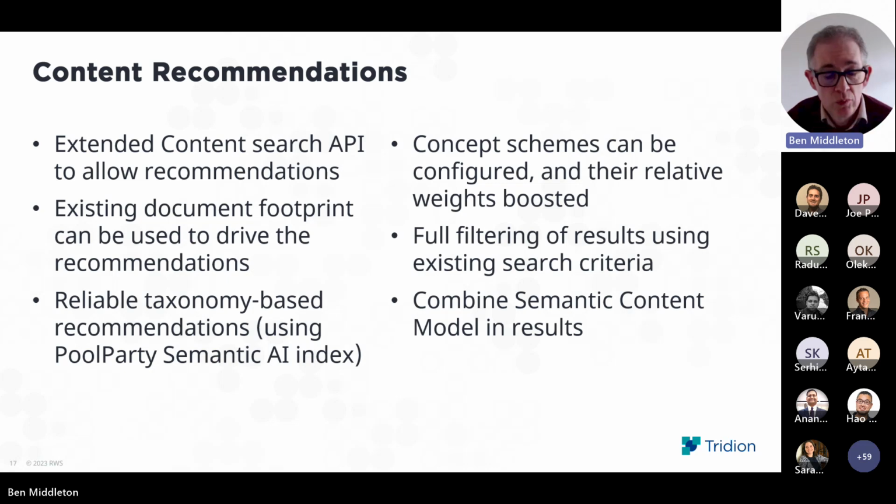The way recommendations works is it gives you a number of results ordered by score, and then you can filter those results, whether that be by publication or namespace. If you happen to have sites and the docs system running together, you can get both back in your results as well if you wish. It also unlocks the ability to combine our semantic content modeling as well, because we expose that through the broker part of our search query.